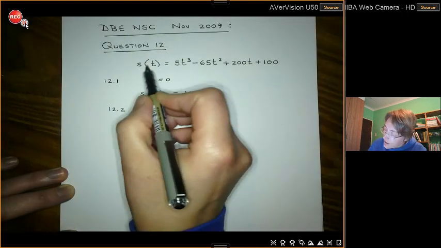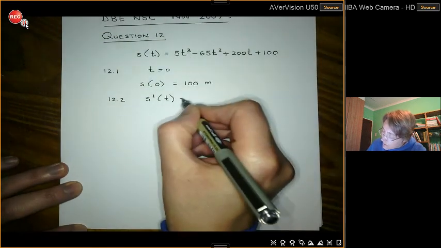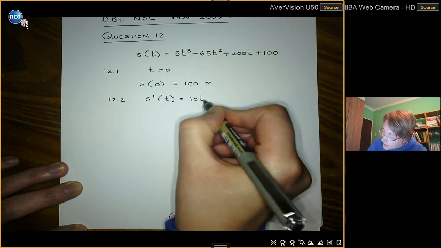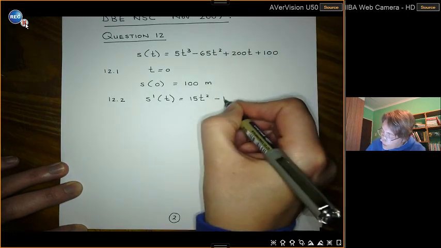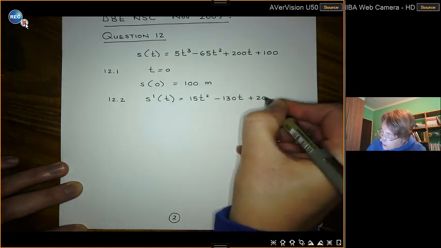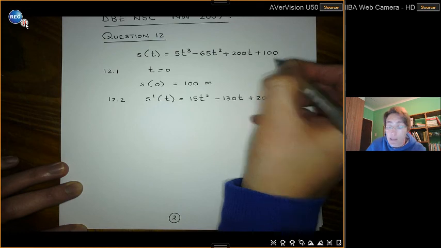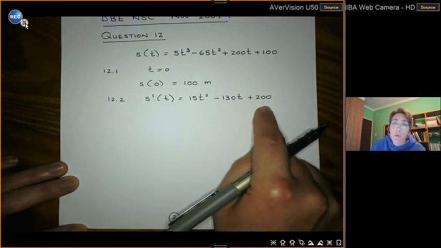So in this case, first derivative of that formula, which means 3 times 5 is 15t squared, minus 2 times 65, which is 130t, plus 200, and then obviously the derivative of a constant is equal to 0. So that right there is my first derivative, which is also my rate of change.